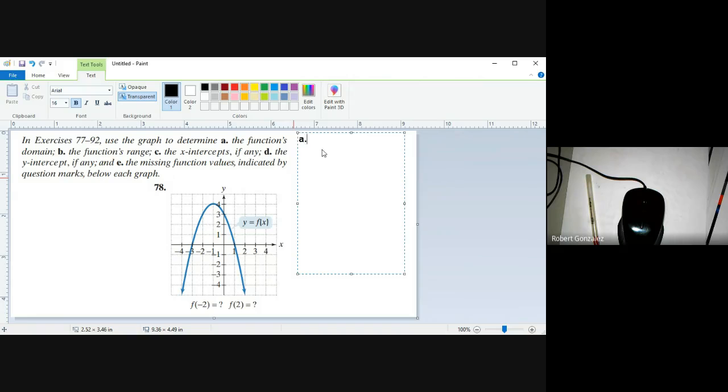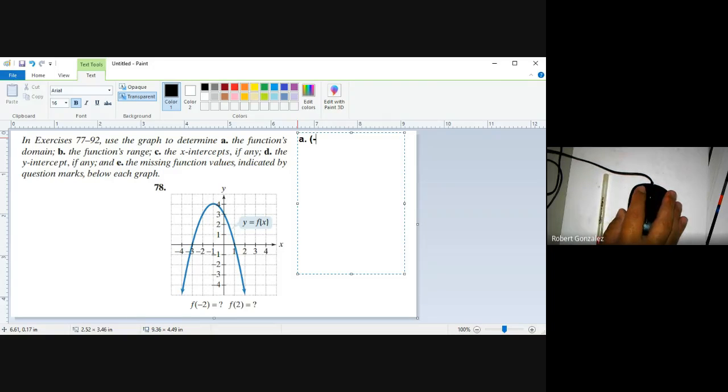Okay, so for letter A, they want the function's domain. And the domain, as I've been telling you, for any quadratic function is negative infinity to infinity. Normally you want to, well, let me show you. If you go to Google and you type in infinity symbol, you just highlight it and copy and paste it, and it should go on there.